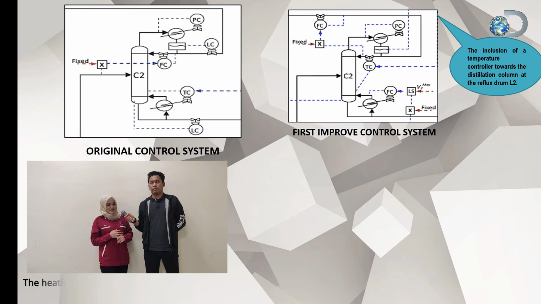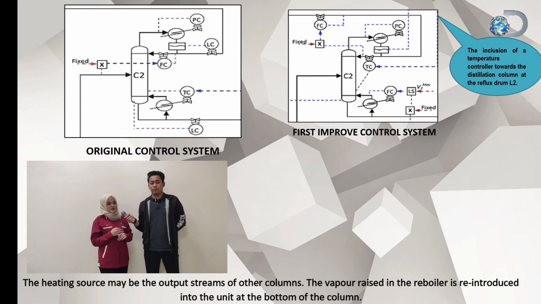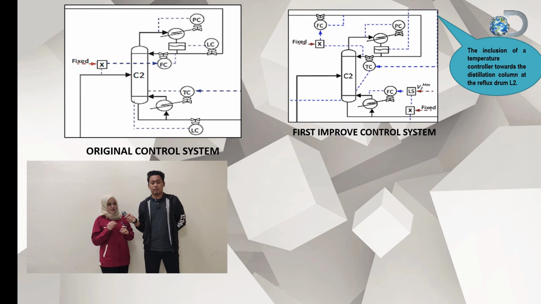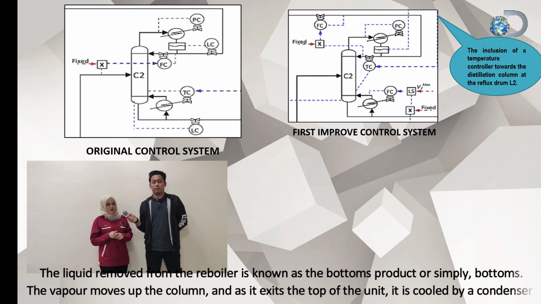So the heating source may be the output stream of another column, as the vapor raised in the boiler is being produced. The liquid that is removed from the boiler is known as the bottom products, or simply bottoms.